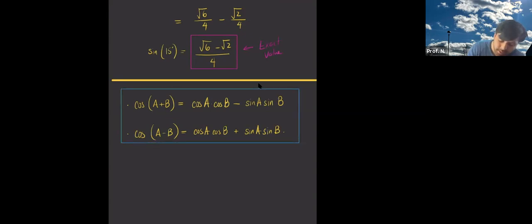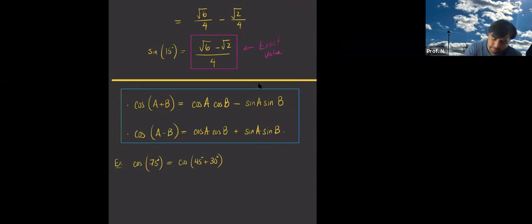So with this in mind, I can figure out, for example, what is cosine of 75 degrees. So it's the same idea as finding sine of 75 degrees. We know that cosine is what? 45 plus 30 degrees, correct? So we know that.